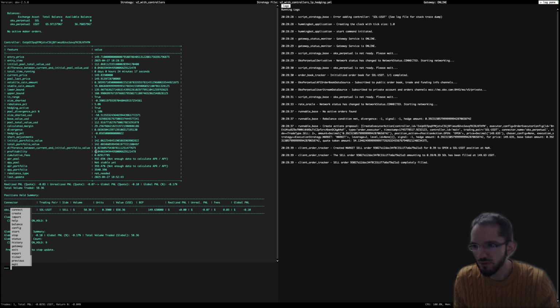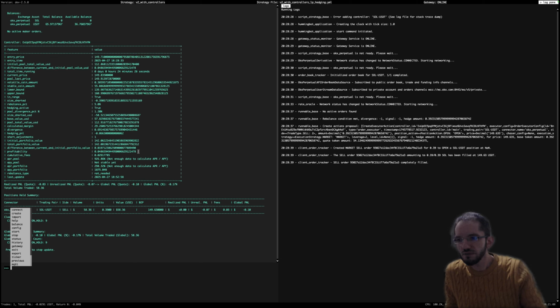And we have profitability, which is the difference of the initial value of the pool and the current value. And we also have the portfolio value, the same for the whole portfolio, that includes the amount on the centralized exchange, and also includes the fees. We also have APR, APY, but if you don't run it more than one day, these are meaningless. And we also have the last update.